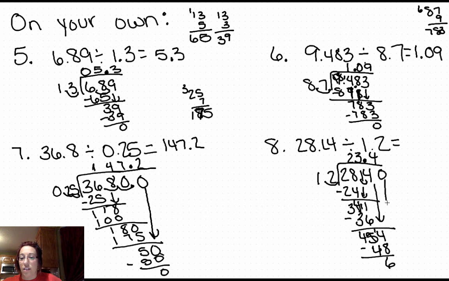We need to annex the 0 and bring it down. 12 will go into 60 5 times. And that finishes our division. We get 23 and 45 hundredths.